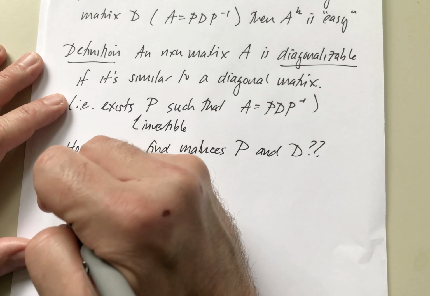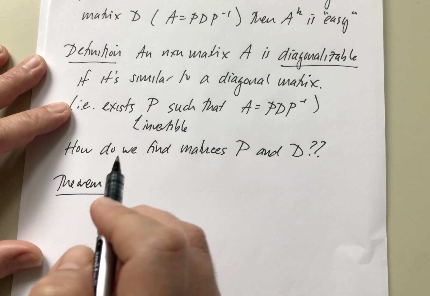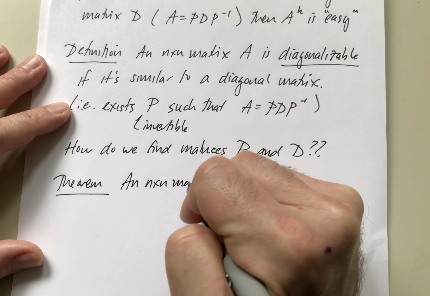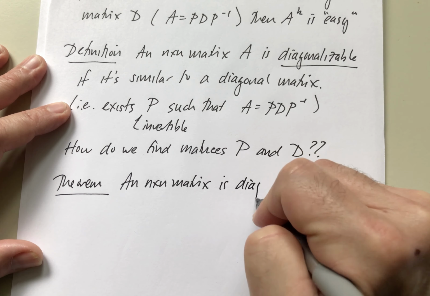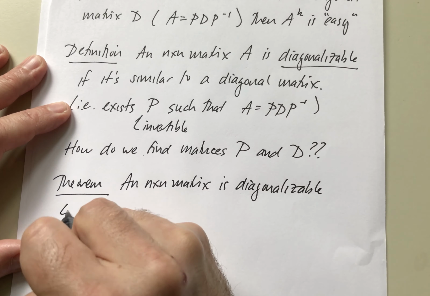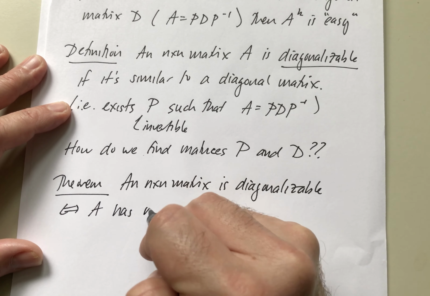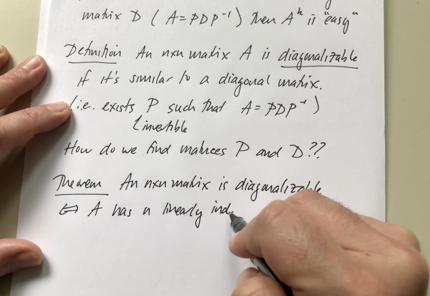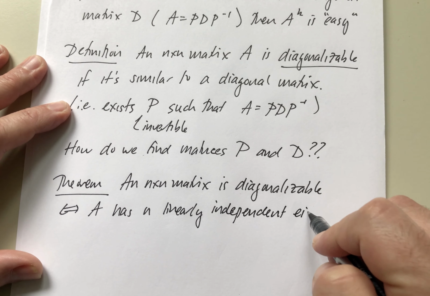And here's our main theorem for the day. This is the main connection to what we've been talking about. It turns out that an n by n matrix is diagonalizable, so it has this property, if and only if A has n linearly independent eigenvectors.